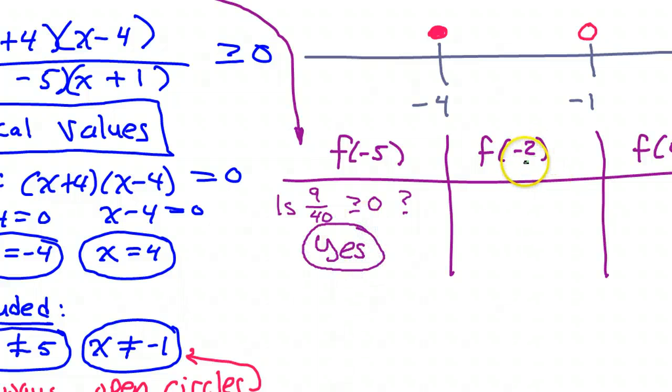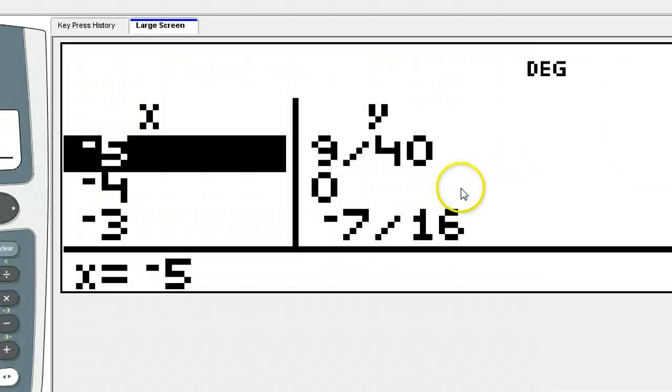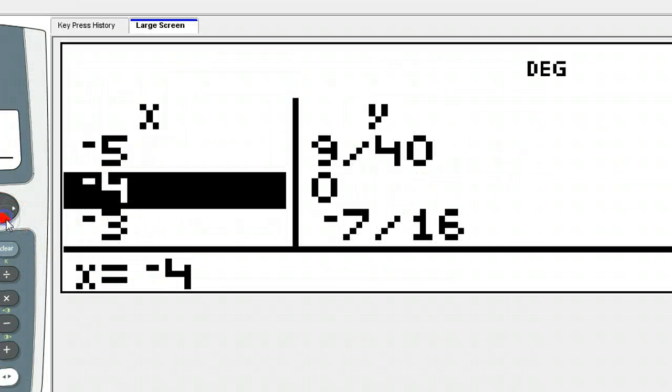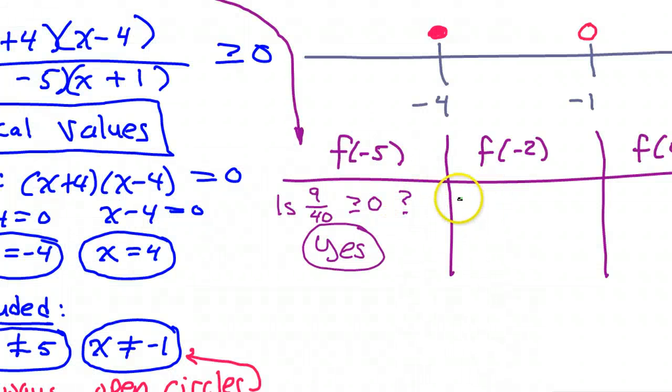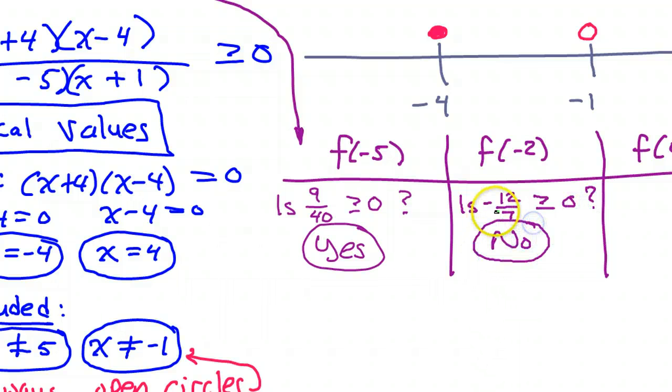Alright, how about the value at -2? I'm going to scroll down a bit. At -2, that's -12/7. Is -12/7 greater than or equal to 0? Well, no, that's a negative number. That's not greater than or equal to 0.